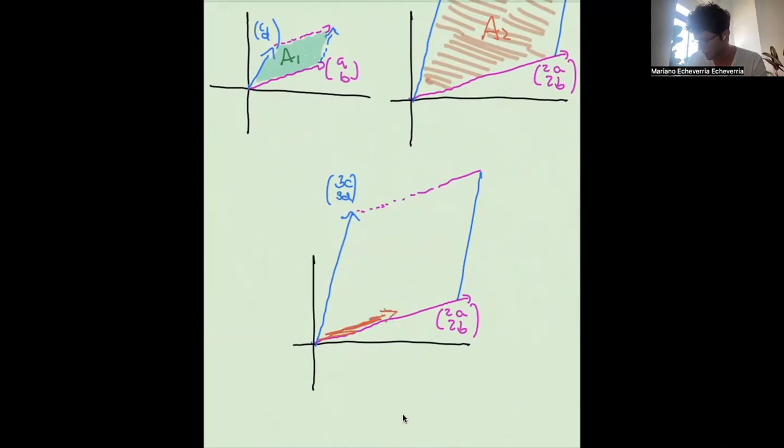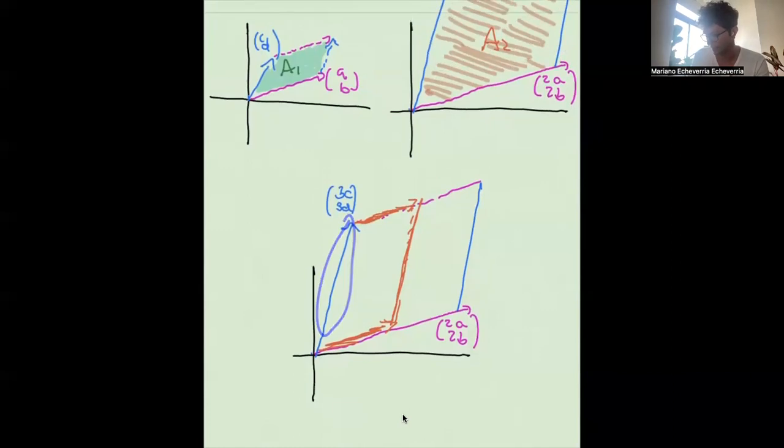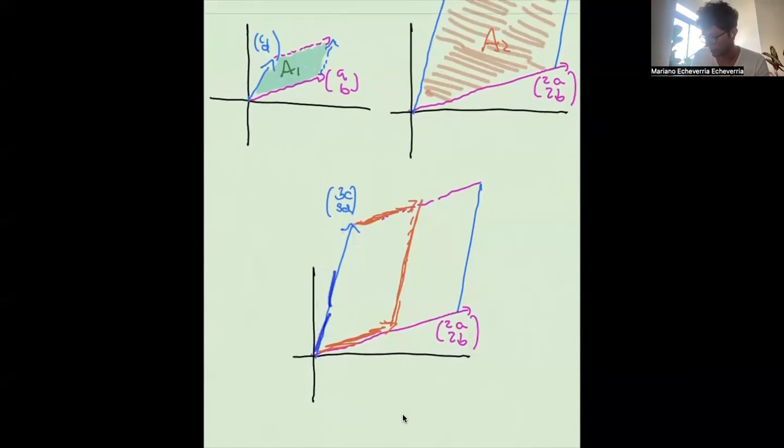So you are making 2 copies of these, and then you can split this other vector into 3 copies of the original vector. So 1, 2, 3. So you get something like this.